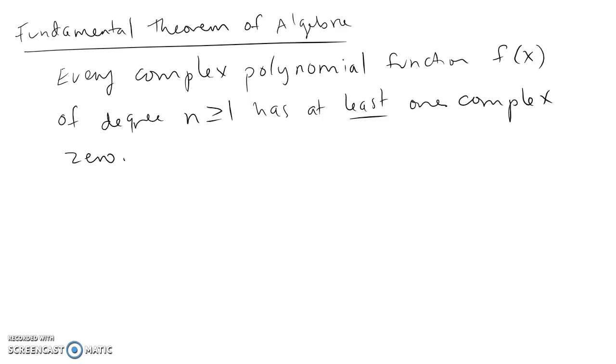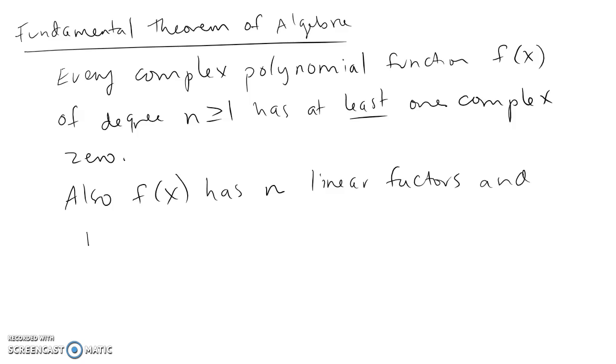Right? So what that means is that if you have that polynomial function set equal to 0, you can always find a solution. Furthermore, if we take that polynomial function f of x and factor it into linear factors, we can also say that f of x has n linear factors and n zeros, of course by counting multiplicity.